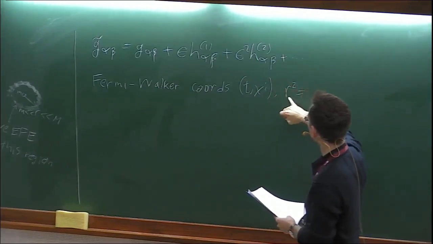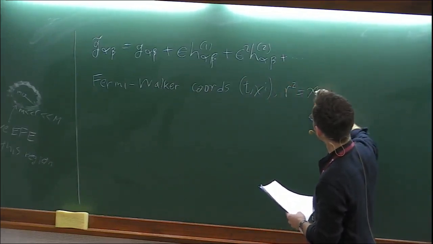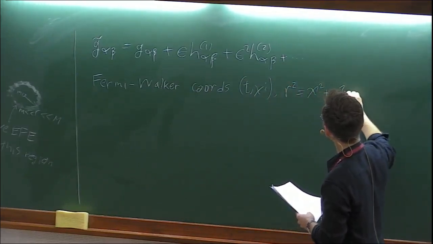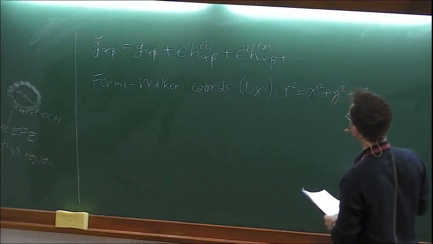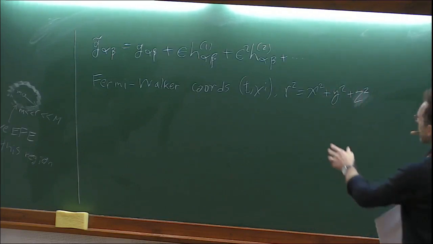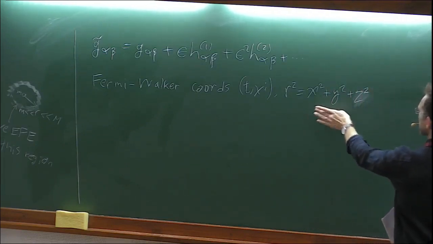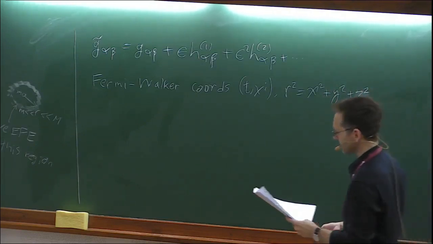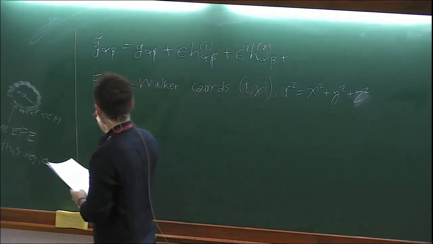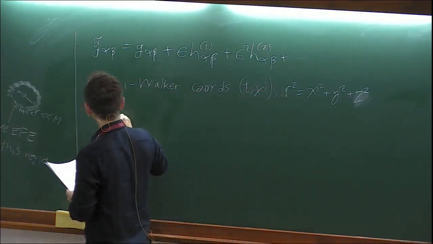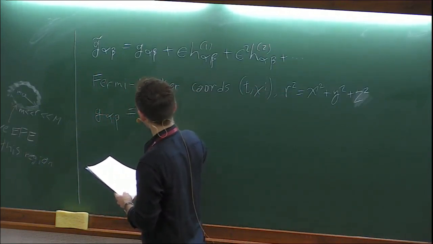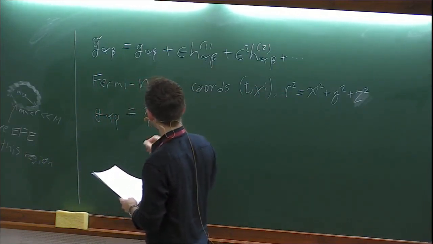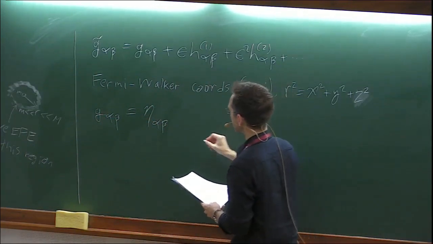And we're writing things for small r, where r is just the usual radial coordinate related to the Cartesian coordinates x, y, z, like this. Okay, so the background metric, g, in these coordinates looks approximately like just the Minkowski metric.